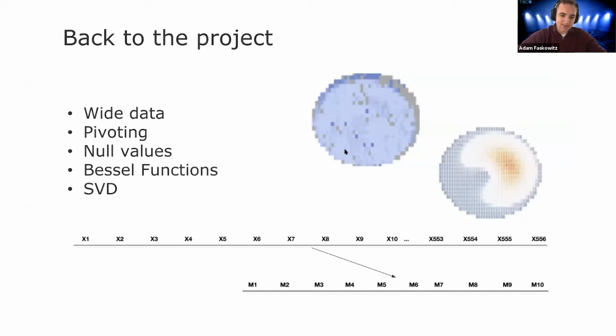But we can pivot this into just a wafer, just its list of values, and make it more interpretable when we're trying to do our analysis. Another thing that we ran into, obviously, is null values. And the way that we combat this is through these means of dimensionality reduction, through our Bessel functions and SVD, singular value decomposition.